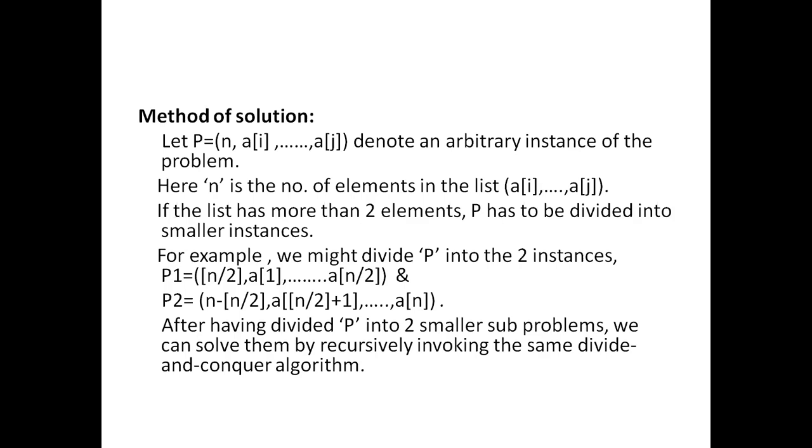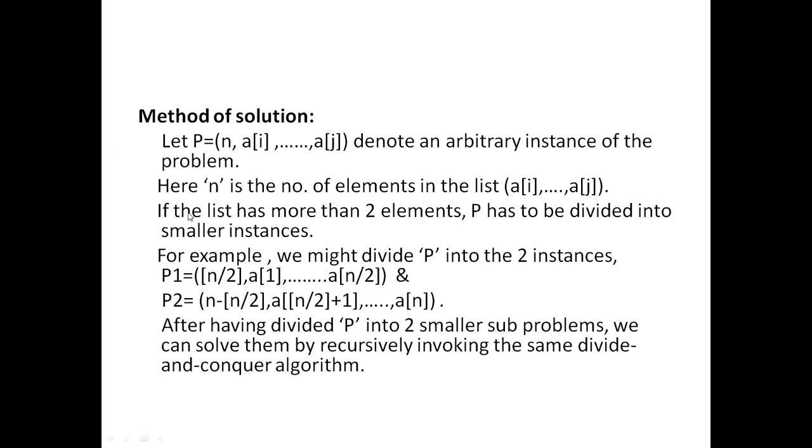From the second half, you find the biggest and the smallest. Compare the biggest of the first half with the biggest of the second half to find the biggest of the given problem P. Similarly, compare the smallest of the first half with the smallest of the second half to get the smallest of the given problem P. That is how we proceed.